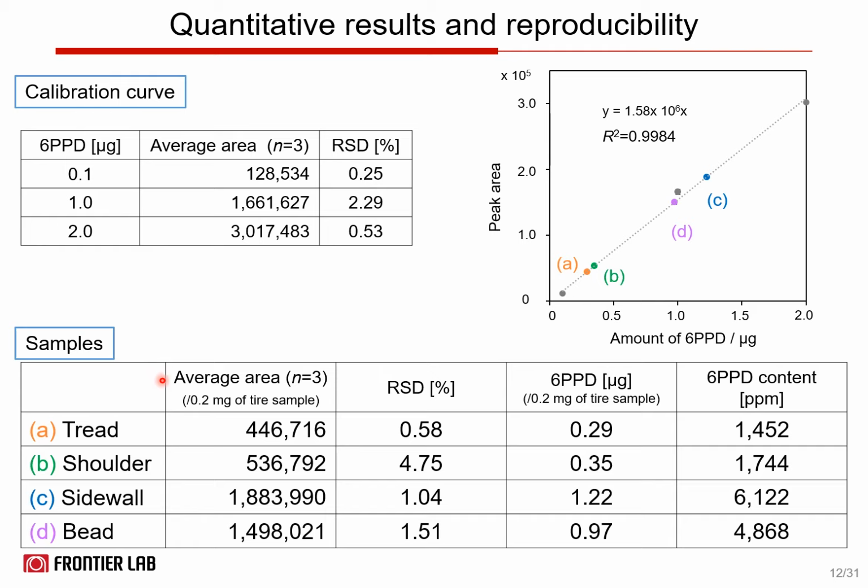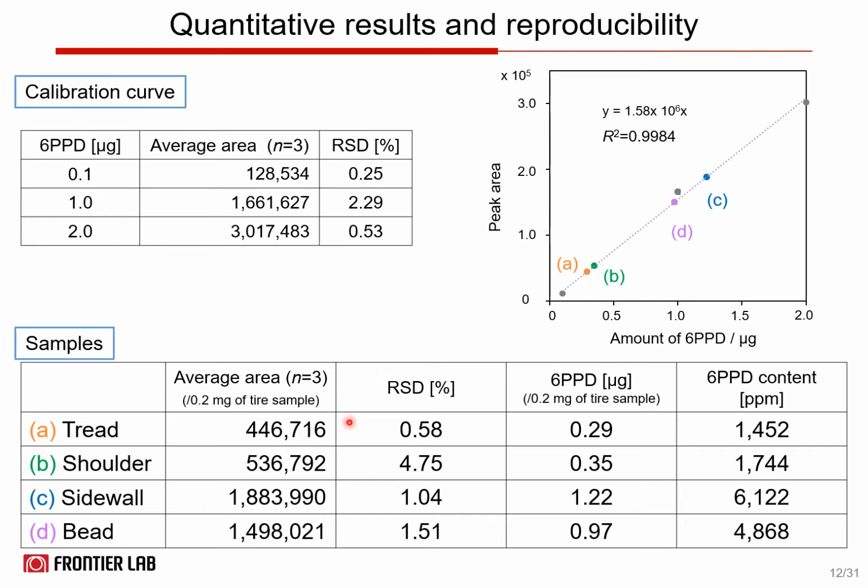Then, the average area and RSD obtained from the EIC of each part of the tire rubber are shown in the below table. This area is normalized to the sample amount of 0.2 mg. The amount of 6-PPD in each part obtained from these results is shown here.